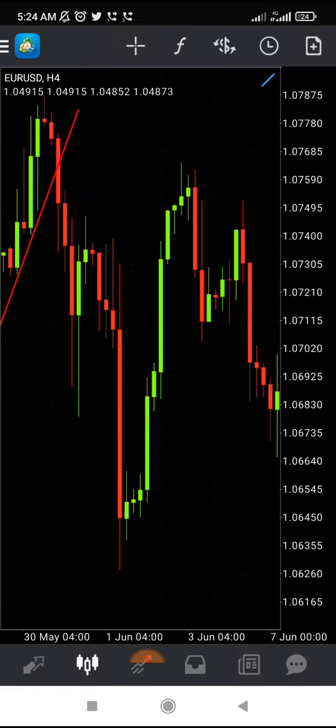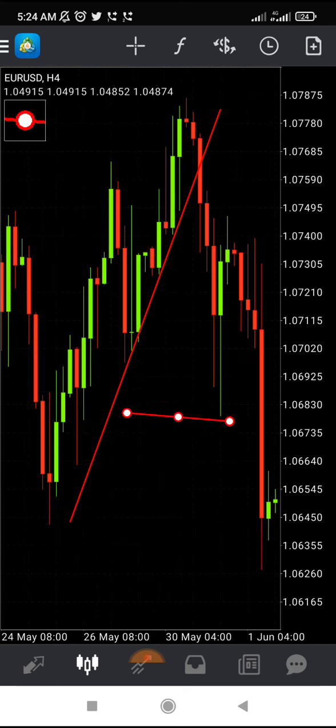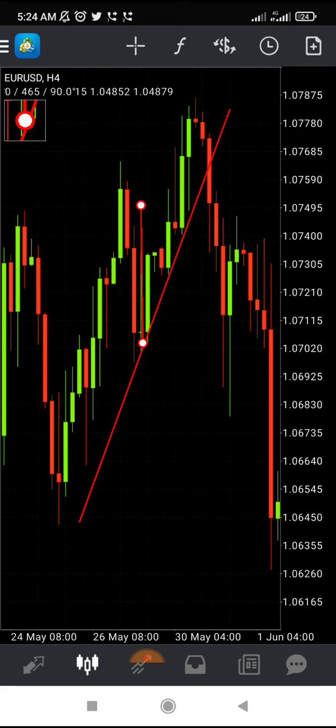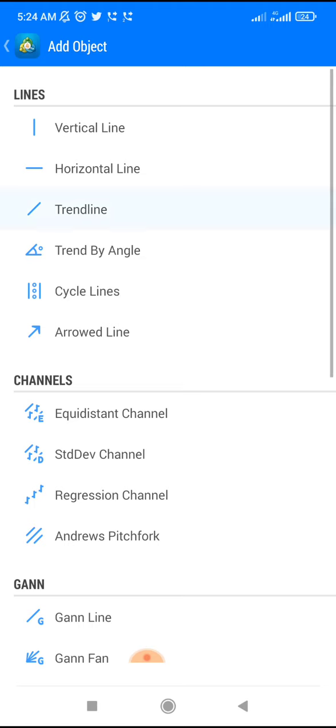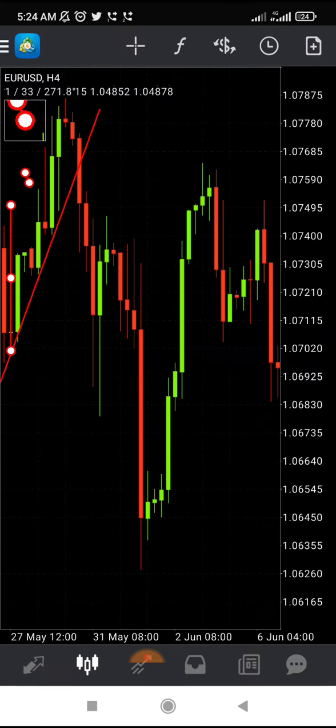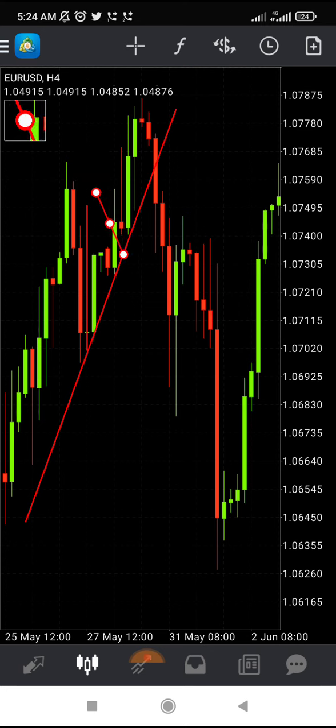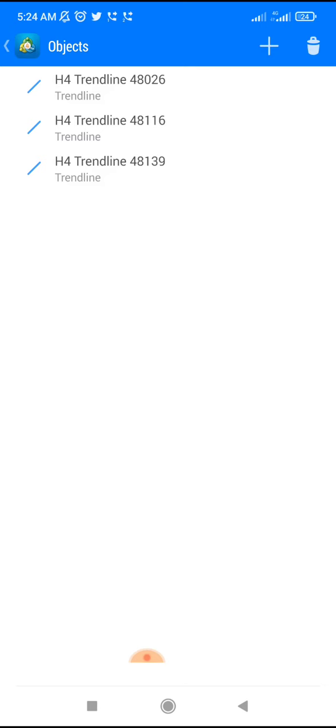Okay, this is what I mean by M and W. Something like this, right? It went up. It came down, right? So that's how to detect M and W.